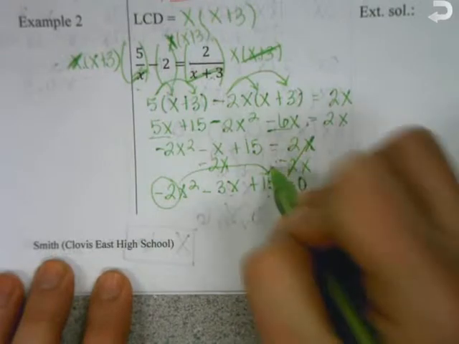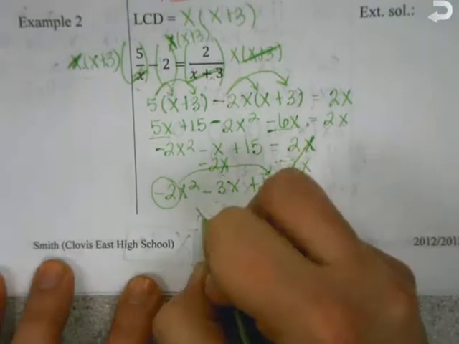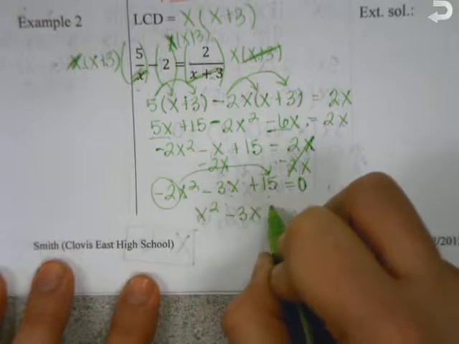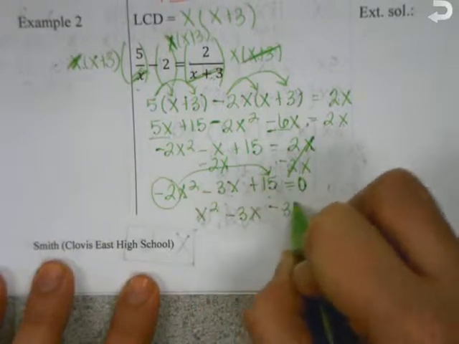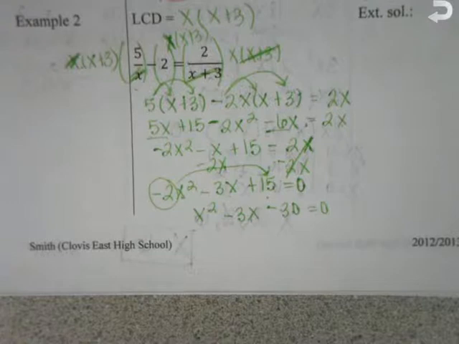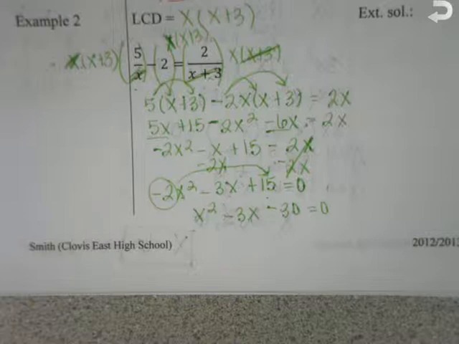So that gives you x squared minus 3x minus 30 equals 0. Are there two things that multiply to negative 30 and add up to negative 3? 10 and 3, but that's 7. 5 and 6, but that's 11 or 1. 15 and 2, definitely not.